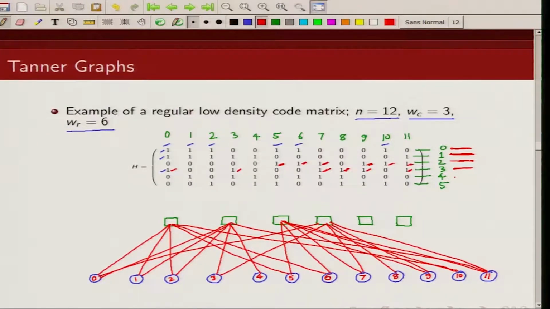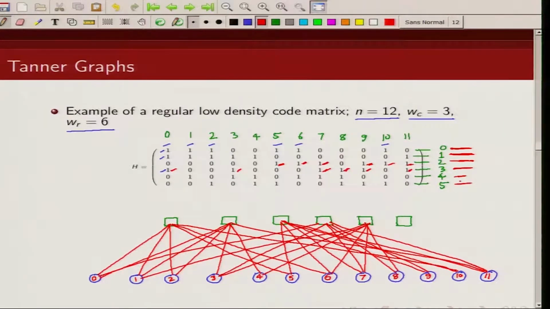And similarly, we can do for this. I will just do it. This is 1, 3, 4, 6, 7, 8, that is it.